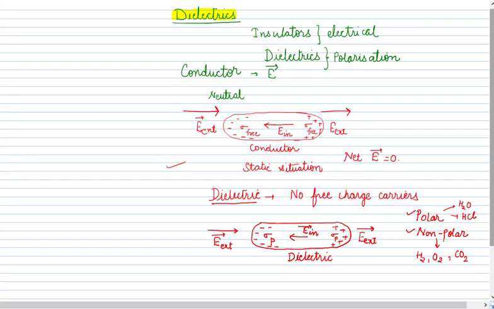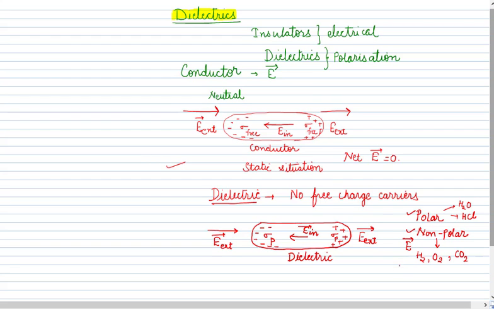And when we keep these non-polar molecules in an external electric field, because initially they do not have any dipole moment, the positive and negative charges are displaced in the opposite direction. As you can see, they try to oppose the externally applied field. So the negative and positive ions are displaced in opposite directions. Why is this displacement there?